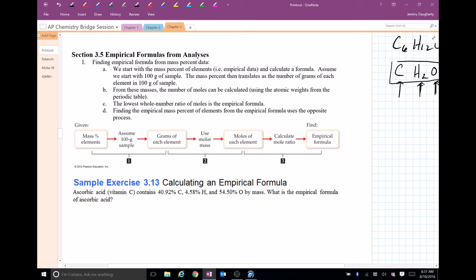And so in order to calculate an empirical formula, at the very end, that's what you need. You need a comparison of the number of moles of the substance, so the empirical formula is all about trying to get to that moles.